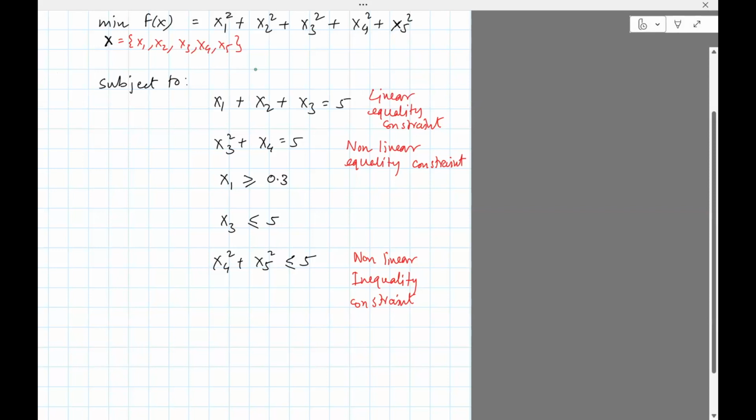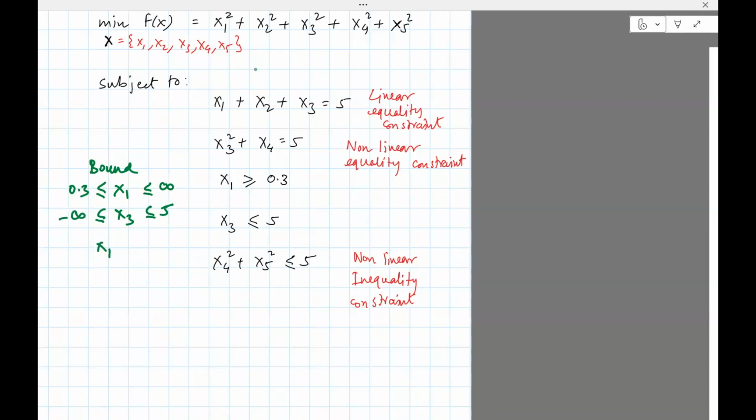So this is talking about implementation in the software. So we have bounds. We say that x1, since it's greater than 0.3, x1 is between 0.3 and infinity. x3 is less than 5, which means that it's going to be between minus infinity and 5.